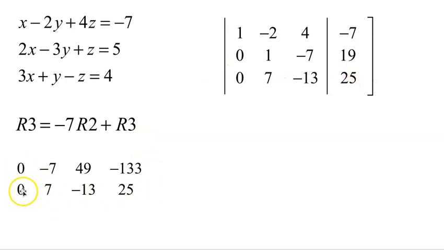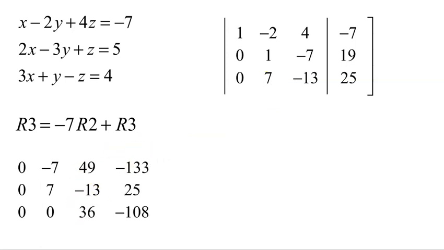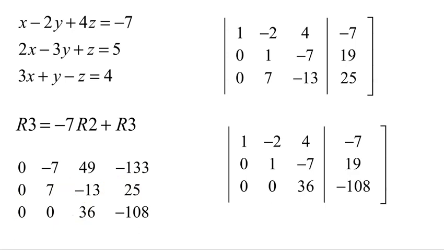And you'll notice 0 plus 0 is 0. Negative 7 plus 7 is also 0, which I want the 0 here, which is good. 49 minus 13 is 36. Negative 133 plus 25 is negative 108. So that becomes my new row 3, 0, 0, 36, negative 108.